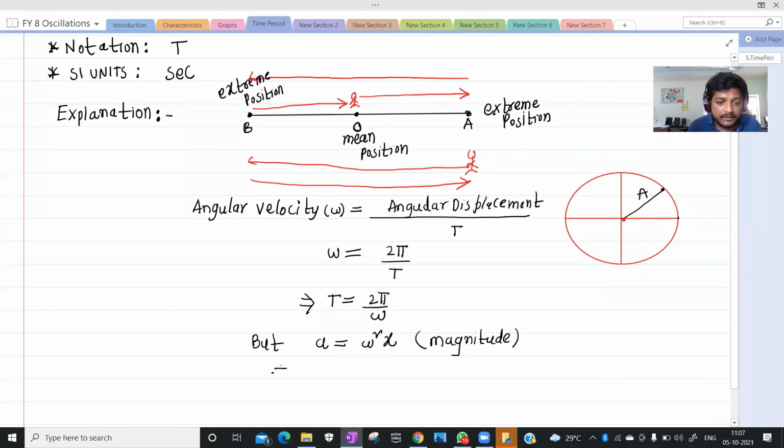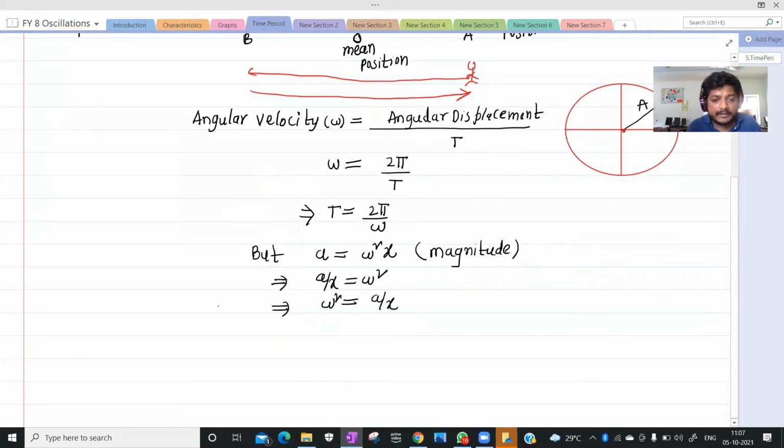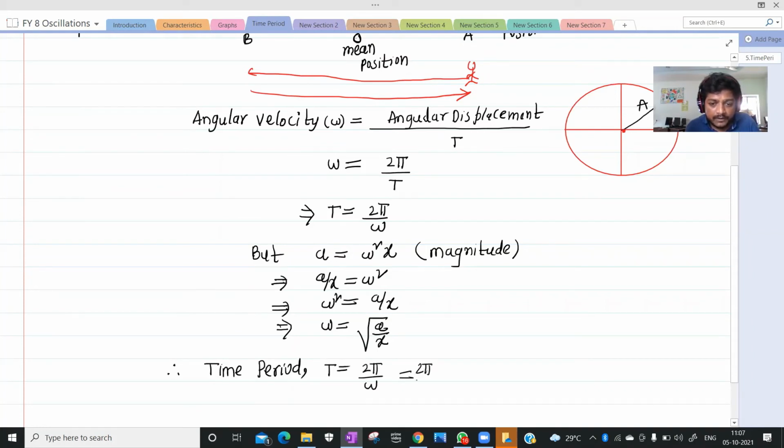From this we can write A by x equals omega square, so omega equals under root of A by x. Therefore the time period T is 2 pi by omega, which is 2 pi by under root of A by x, that is 2 pi under root of x by A.